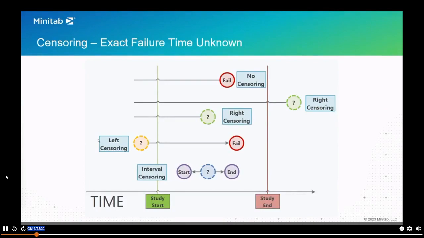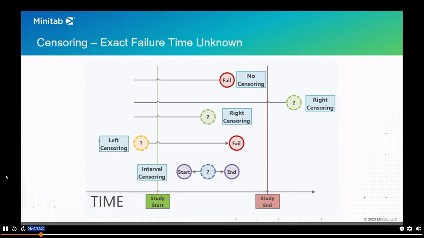At the top, if we have something failing between the start and the end time, there we have no censoring at all because we know when the failure time was, right? And we know when the start time was, we know when things failed. If we have to end our study, or we're looking at something like maybe warranty data where I've seen a handful of failures, but I also have the thousands of parts out in the field that haven't failed yet, that's right censoring.